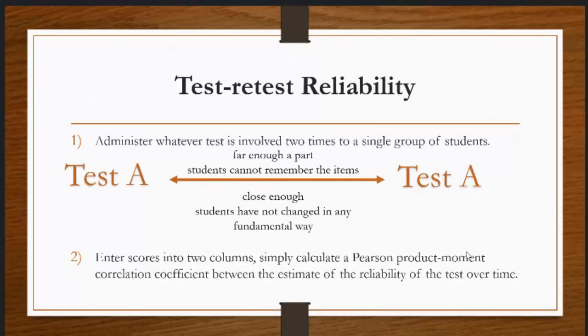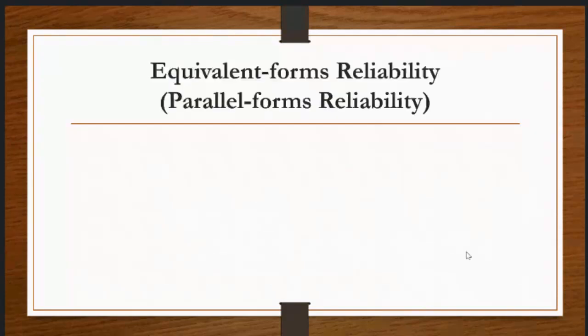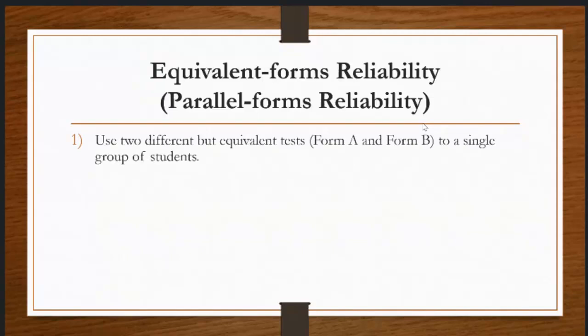Two steps, and next one, equivalent forms reliability. This is what I mentioned earlier. We can use two different but equivalent tests, Form A and Form B, with a single group of students.